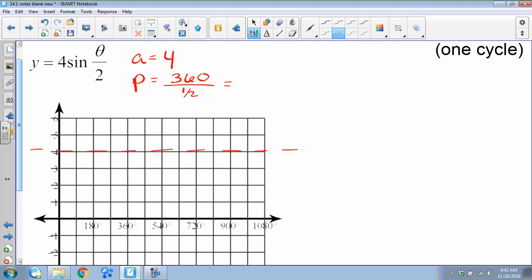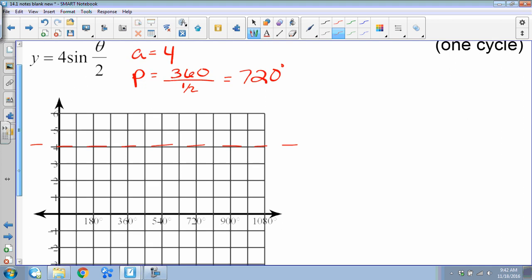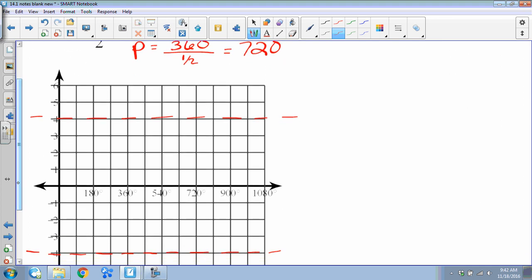Which is equivalent to what? 720. So one wave stops at 720. Now, so 720, I'm going to know, I just do this. Not everybody does, but I do, because I know that's where I have to stop. That's where one full wave stops.